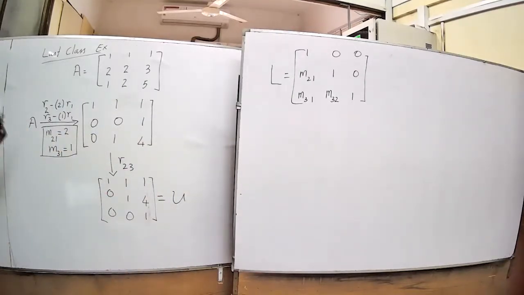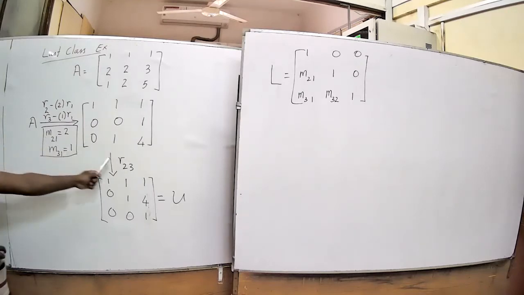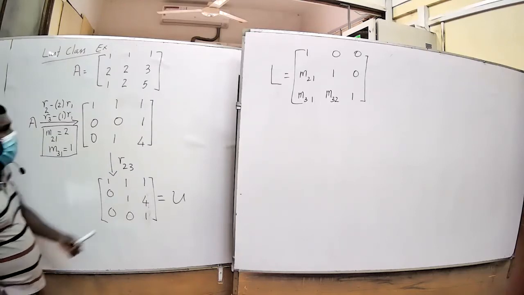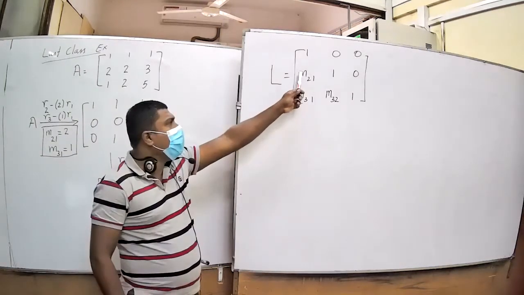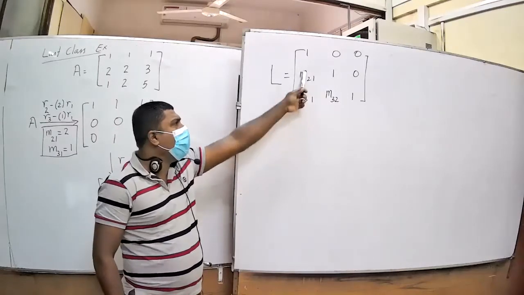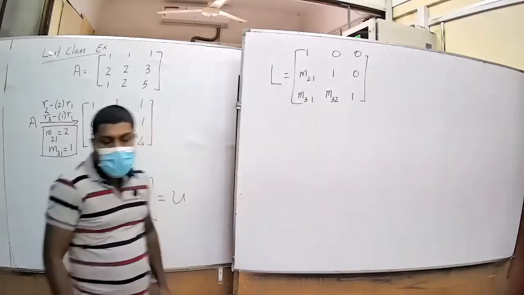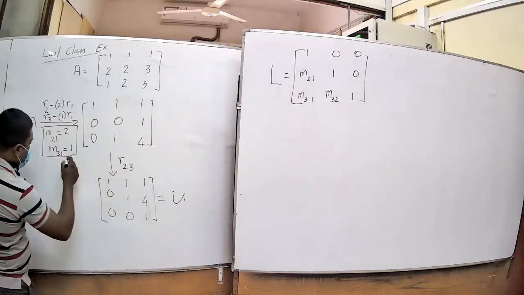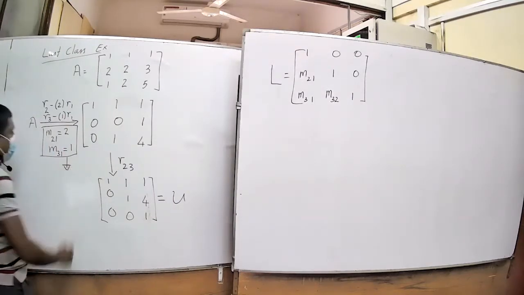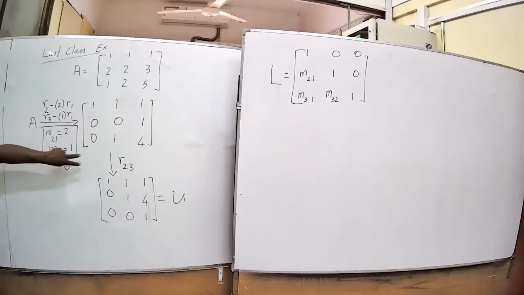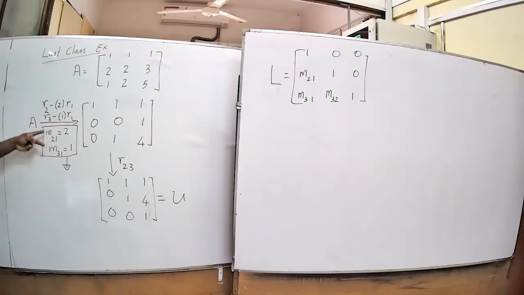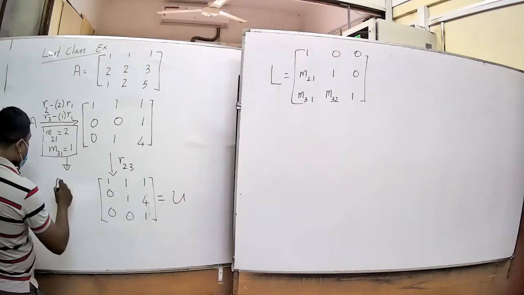But this is the mistake I made. When I am interchanging two rows, R2 and R3, you know that these are the second and third components in the first column of L. I should have done that as well. Because the second row and third row are changing, these two have to interchange as well.